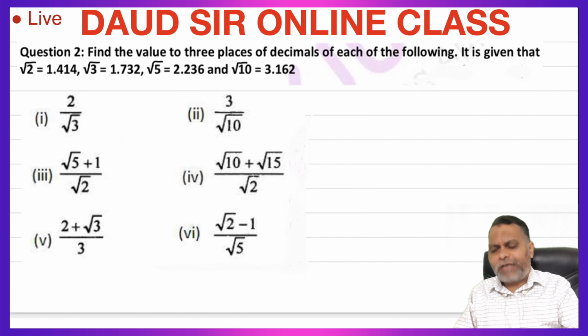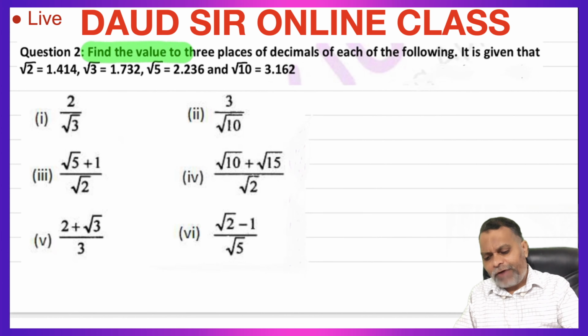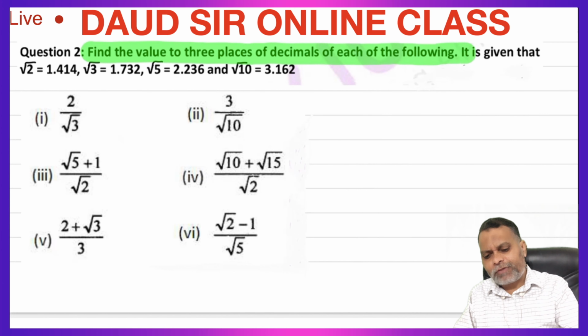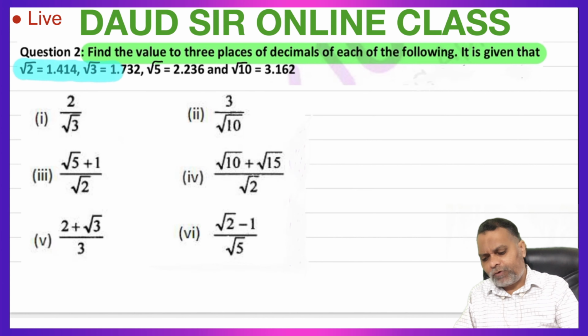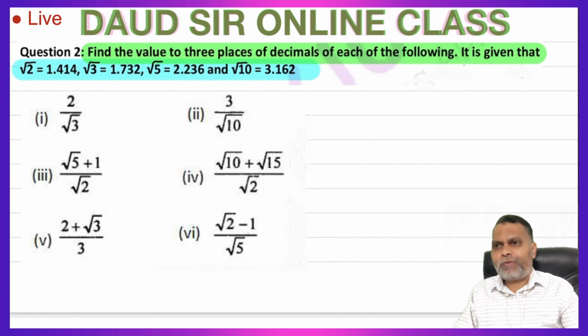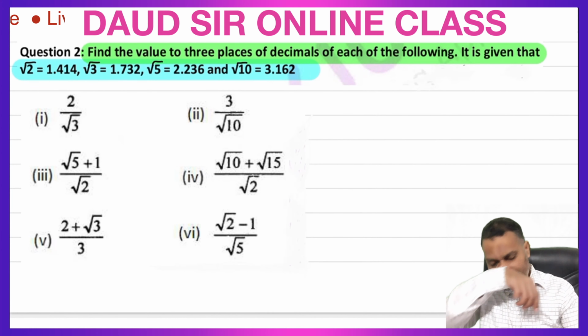Question number 2nd. Find the value to 3 places of decimals of each of the following. It is given that root 2 is equal to 1.414, root 3 is equal to 1.732, and root 5 is equal to 2.236, and root 10 is equal to 3.162.